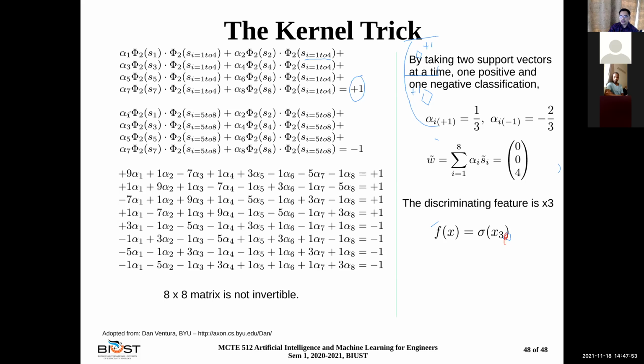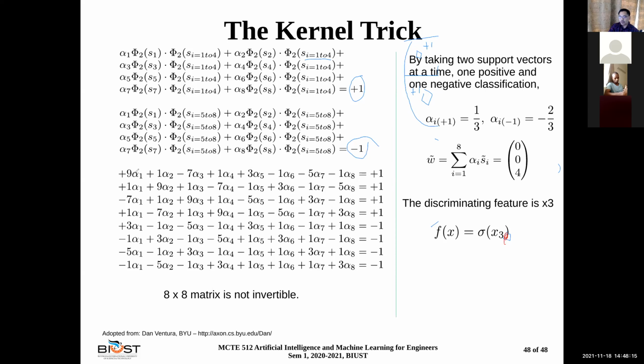Now, for the negative classification, you do it for S5 to S8. You do this equation for S5, then repeat for S6, S7, S8, because those are the negative classifications.